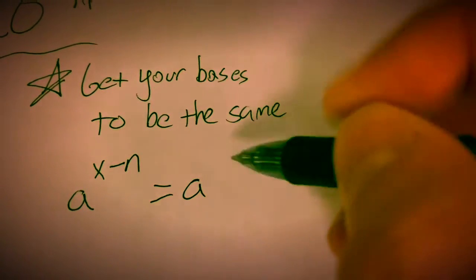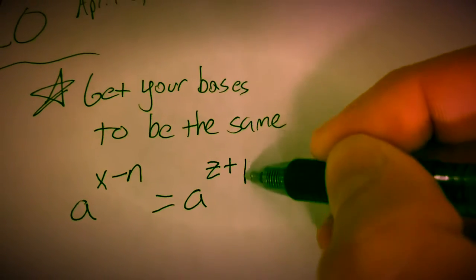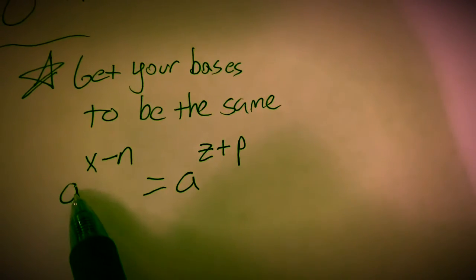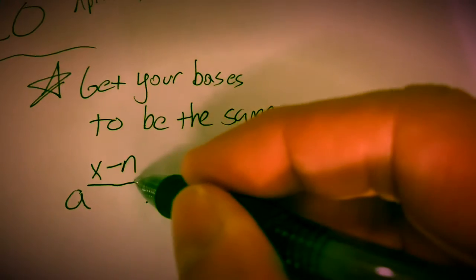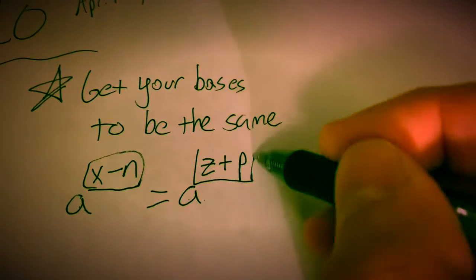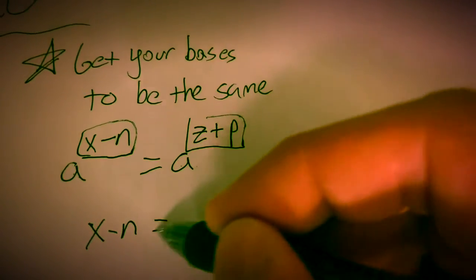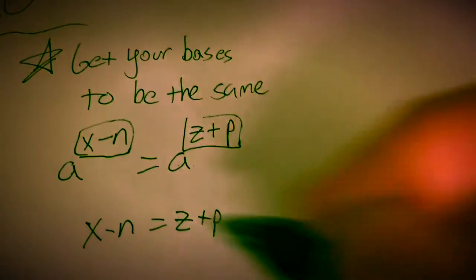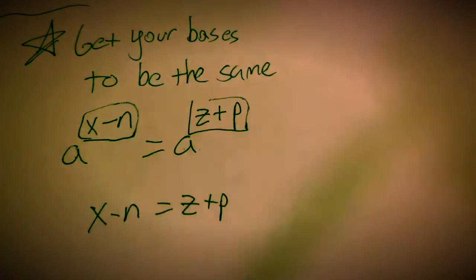If you have something like a to the x minus n is equal to a to the z plus p, if the bases are the same, you can then tell me that these exponents must be the same. So I can then just set it up as x minus n equals z plus p. It's linear at this point. It's a bunch of letters. It doesn't make sense. I'd have to tell you what to solve it for, but you're gonna have numbers.